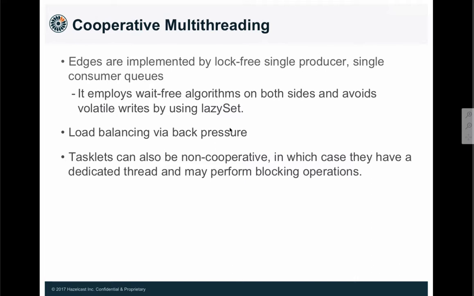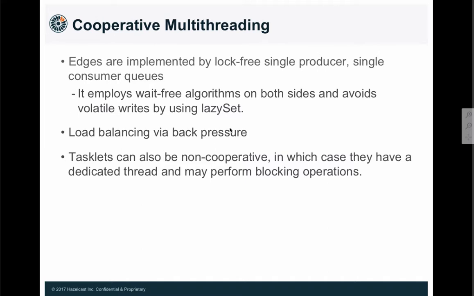We use wait-free algorithms on both sides, and we avoid volatile writes using things like lazy set, so the buffer can be flushed at once in an efficient way. Since we have these bounded queues, load balancing is a natural outcome: if the queue is full, you cannot put more things into it, and you'll have to back off.